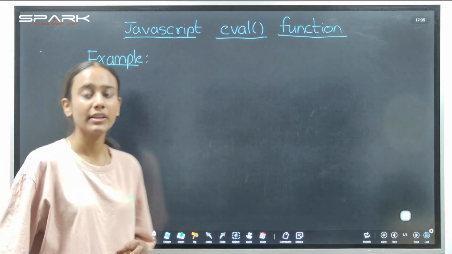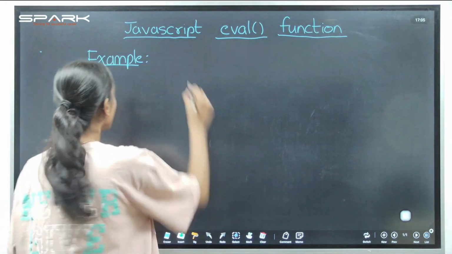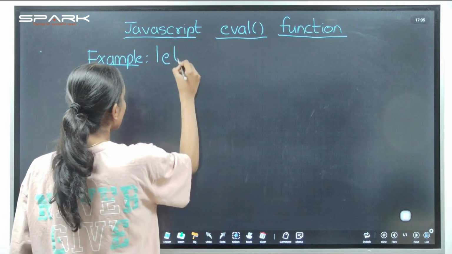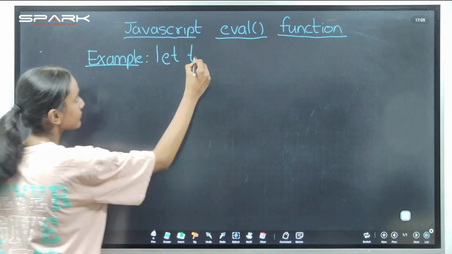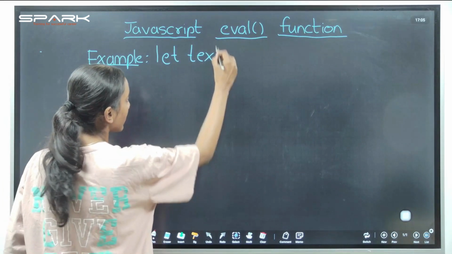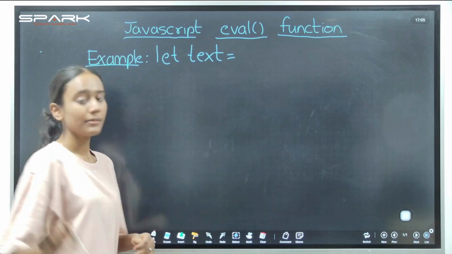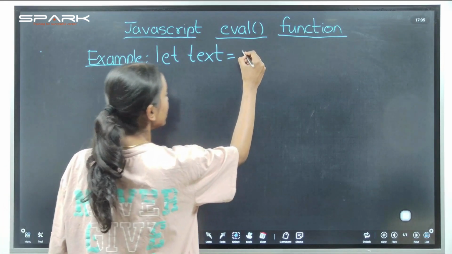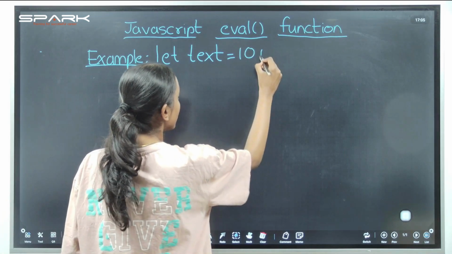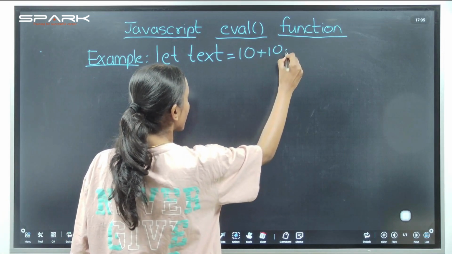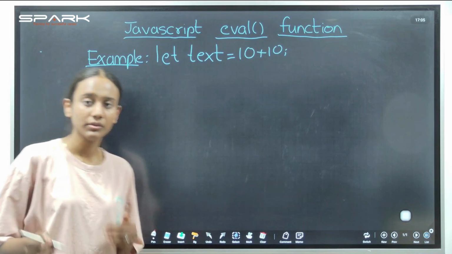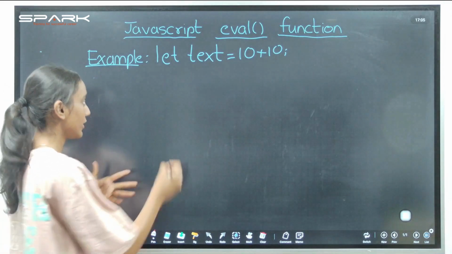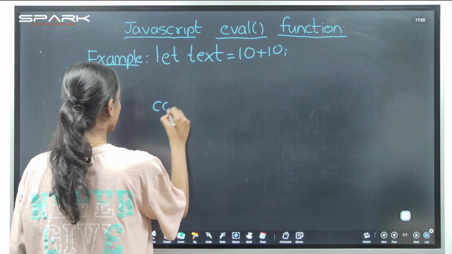First we will be creating a variable. I'll create a variable named text. Then I'll be passing numbers, numericals we can pass. To output this number, I'll be using console.log.